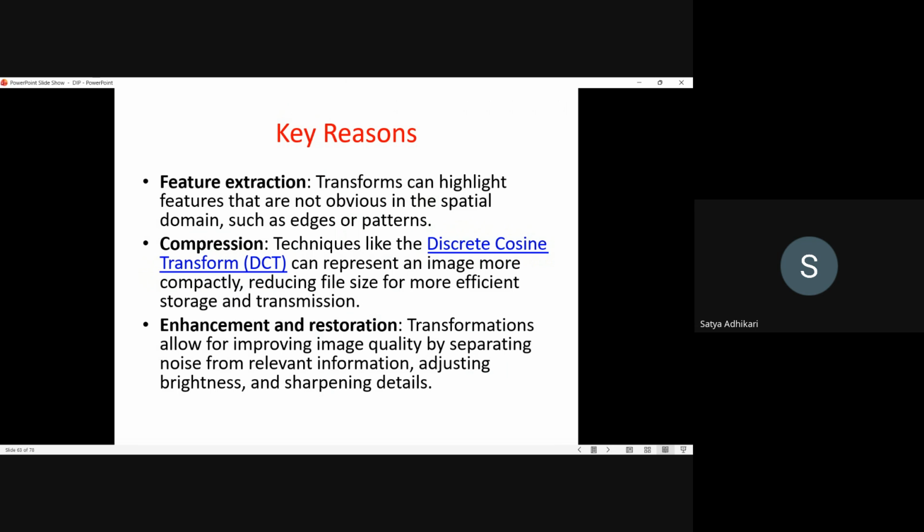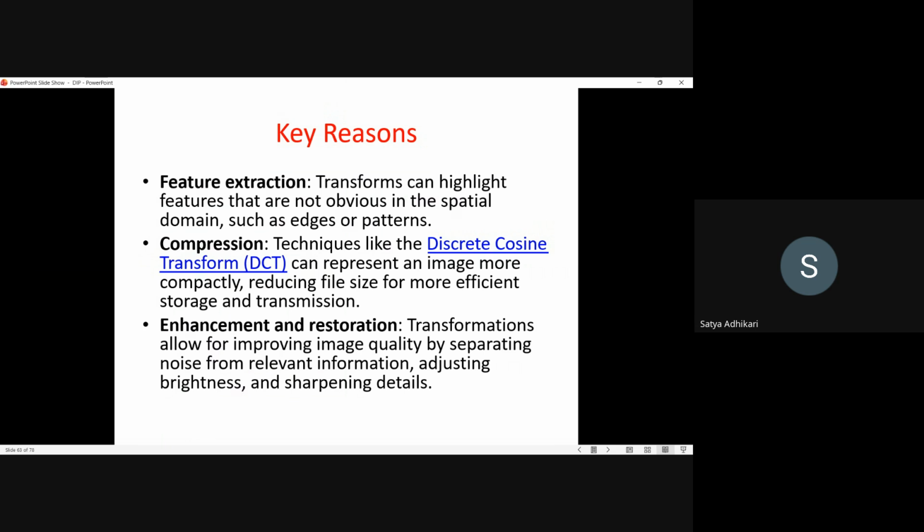Feature extraction: transforms can highlight features that are not obvious in the spatial domain, such as edges and patterns. Some features are not obvious or not suitable in the spatial domain, so that is why we need to convert the image from the spatial domain to the frequency domain.